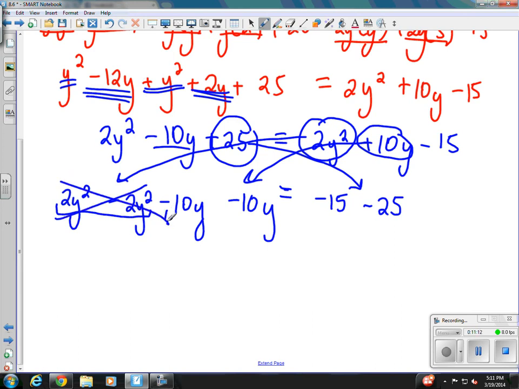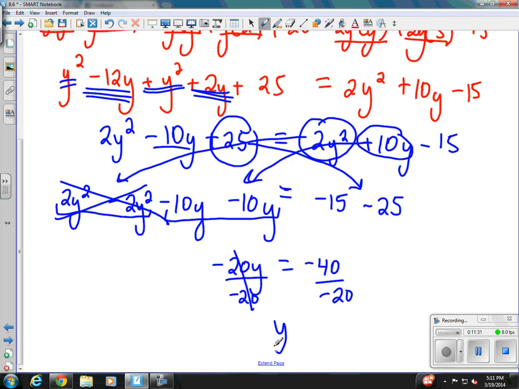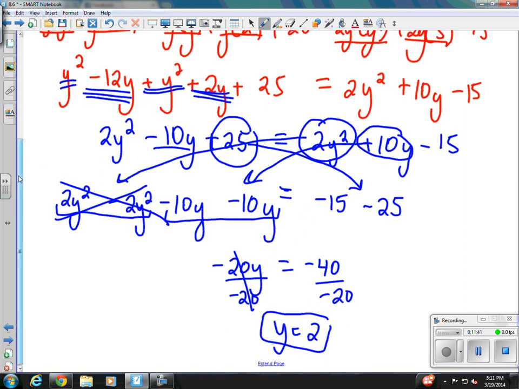And then we have a negative 10y minus 10y gives us a negative 20y equals negative 15 minus 25 is a negative 40. We divide both sides by a negative 20. 20's cancel, and y equals negative 40 divided by negative 20, which is a positive 2. And what that does is that solves our equation for y.